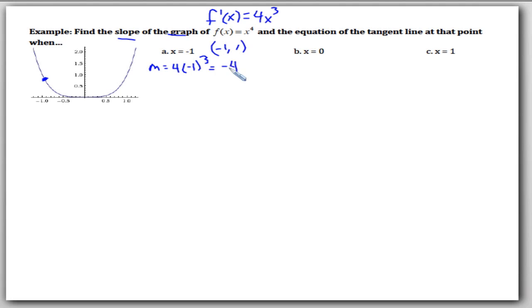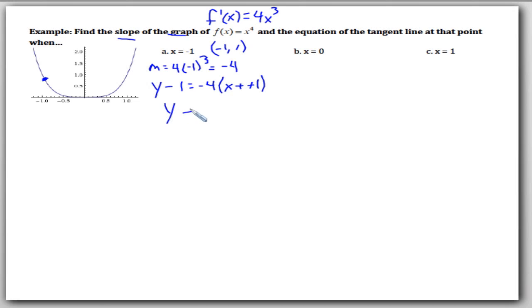So now we have a point and a slope. We can find the equation using the point-slope form. So y minus y1 equals m times x minus x1. So we can see the double negative would become positive.